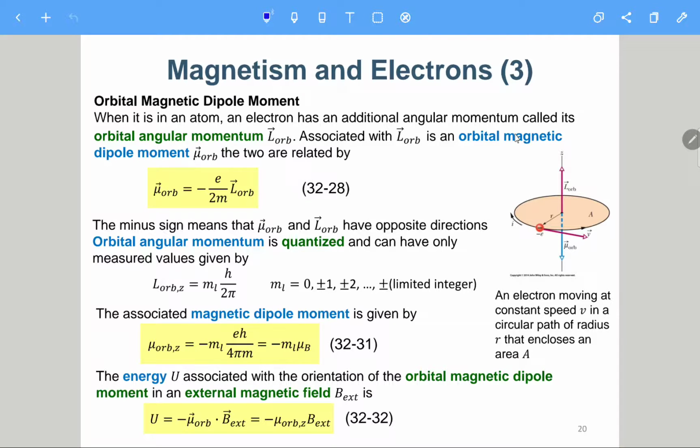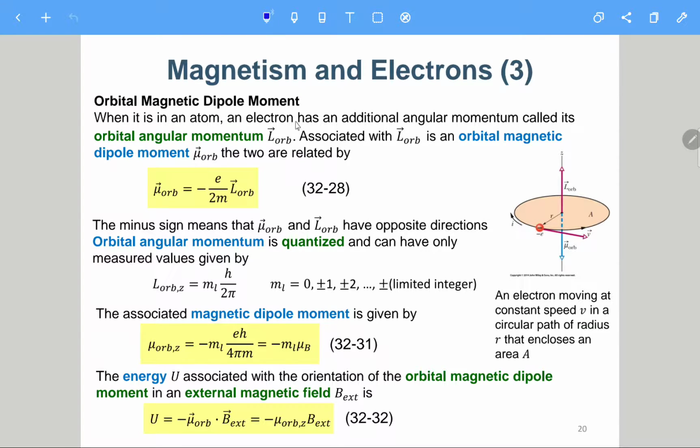Previously we just talked about the spin, and here, as you know, an atom must have a nucleus and also electrons. As long as the electrons are rotating around the nucleus, it is some sort of moving charge, so it will also generate a magnetic dipole moment. It is like you have the current going in this direction.